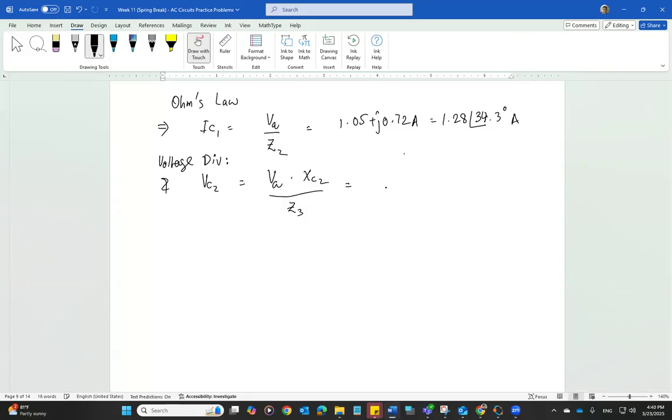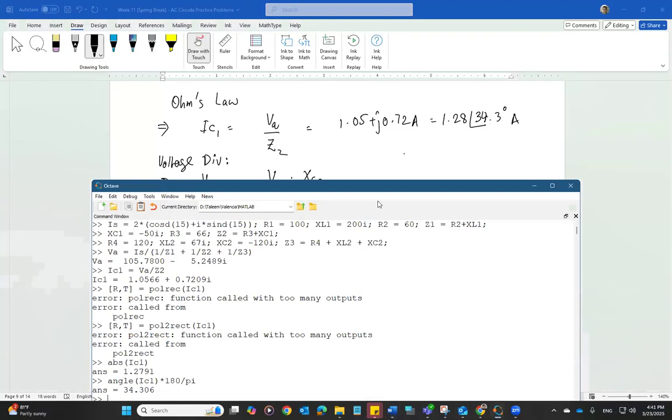So that's my IC1, and likewise, let's calculate VC2 using voltage division.